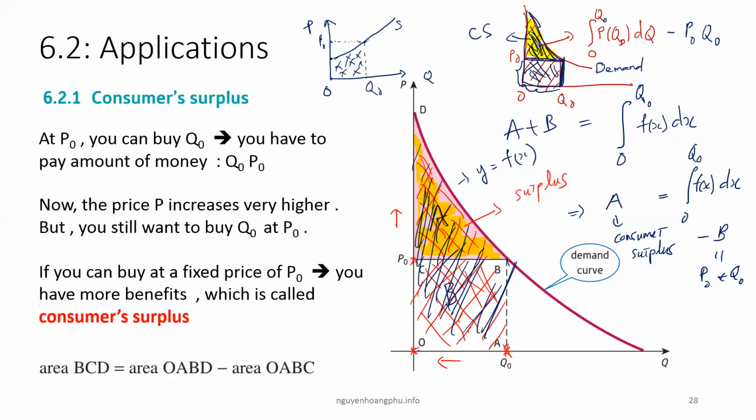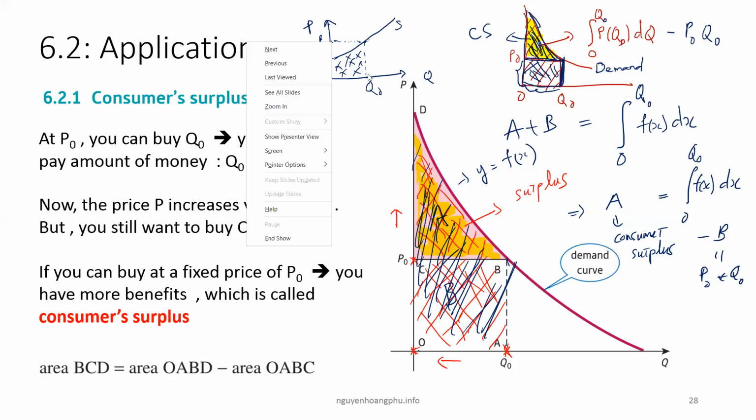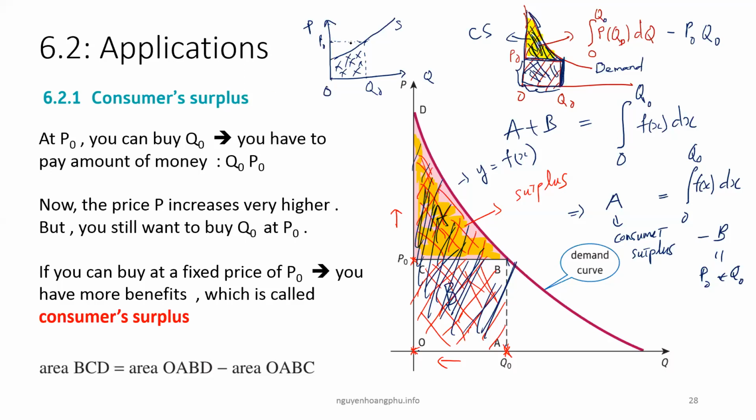Tuy nhiên là nếu như mà ở cái Q0 này mà giá vẫn là P0 này thì như vậy là tổng toàn bộ cái giá trị ở đây thì nó sẽ là hình chữ nhật này. Như vậy là tại Q0 thì em sẽ có tổng cái giá trị nó là tại hình chữ nhật này.